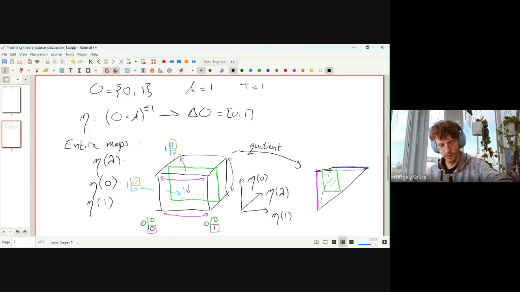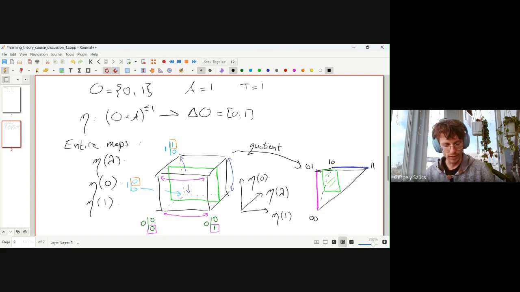And this way, the vertices that we end up with are just going to be, we just have to specify what the first and the second output is. In this case, we have 0, 0, and then 0, 1, and 1, 0, and 1, 1. So the vertices are exactly the deterministic environments.